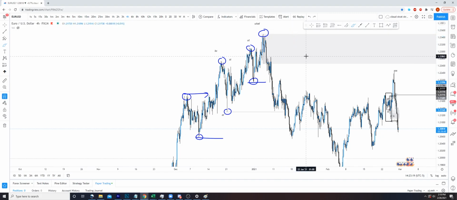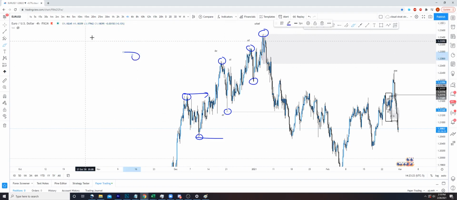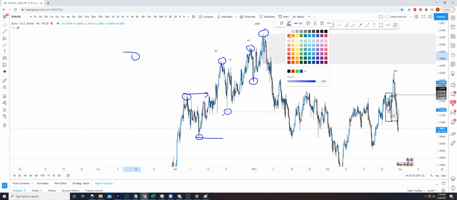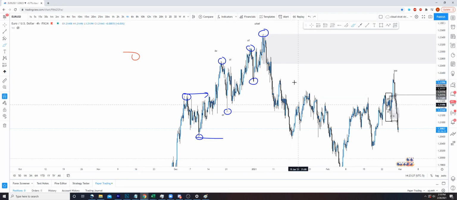Now, in this case, the price has now shifted bearish, right? So let's make this red very quickly, just like that. There we go, very nice. So the second we put in this low, price has shifted bearish, okay?